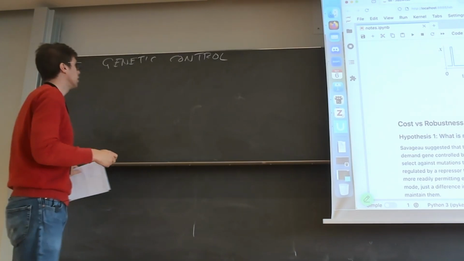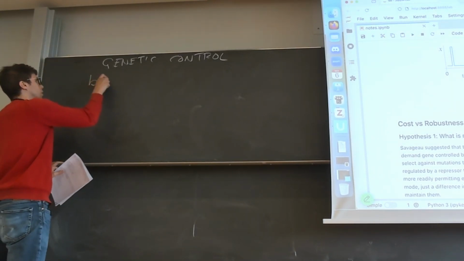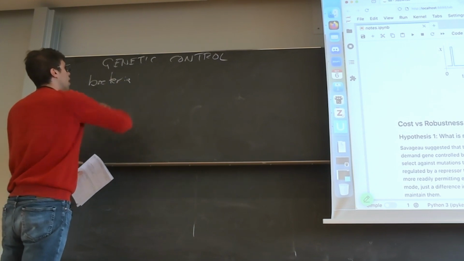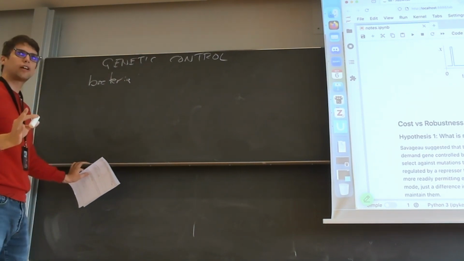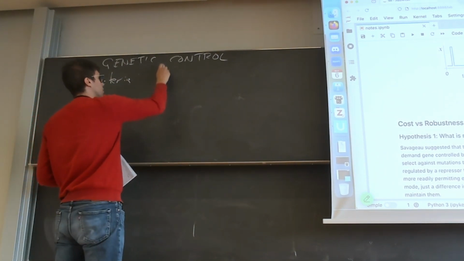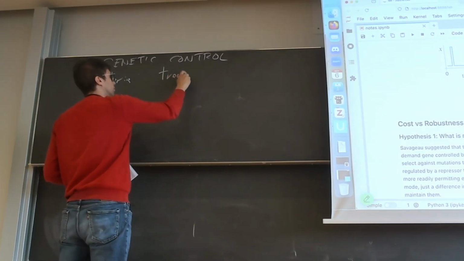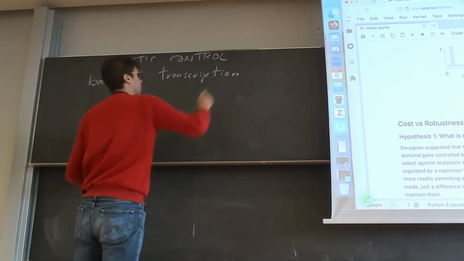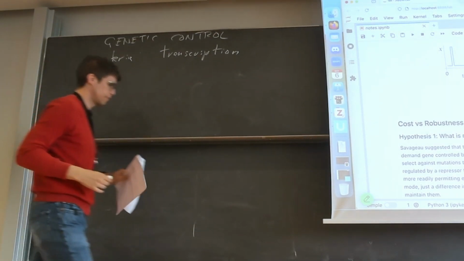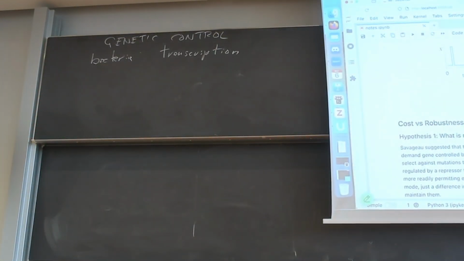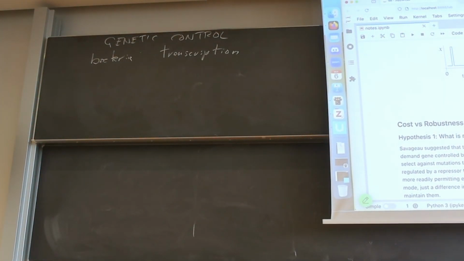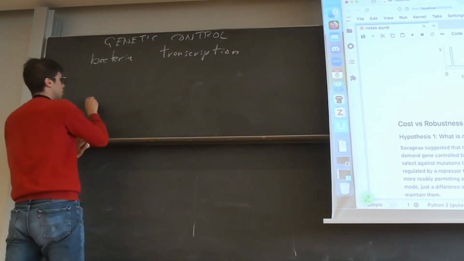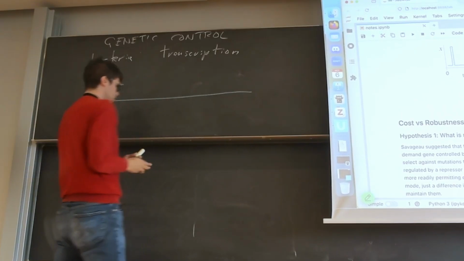For bacteria, where control happens is very clearly at transcription. So what it means is the image that you should have in mind is that we have our DNA here.